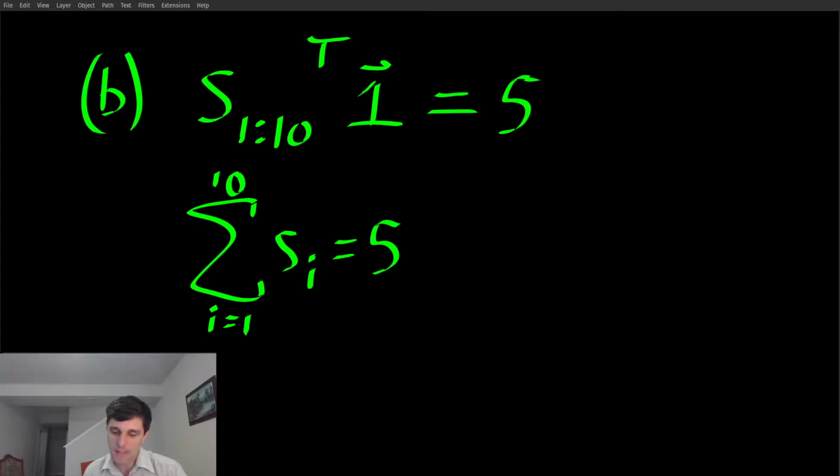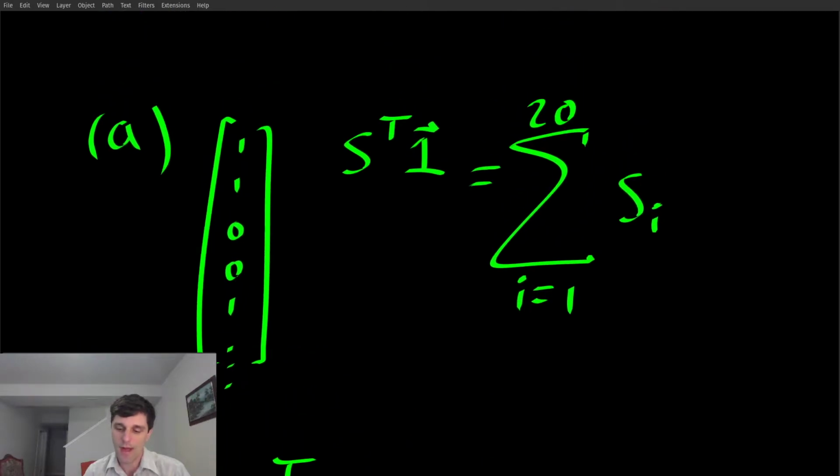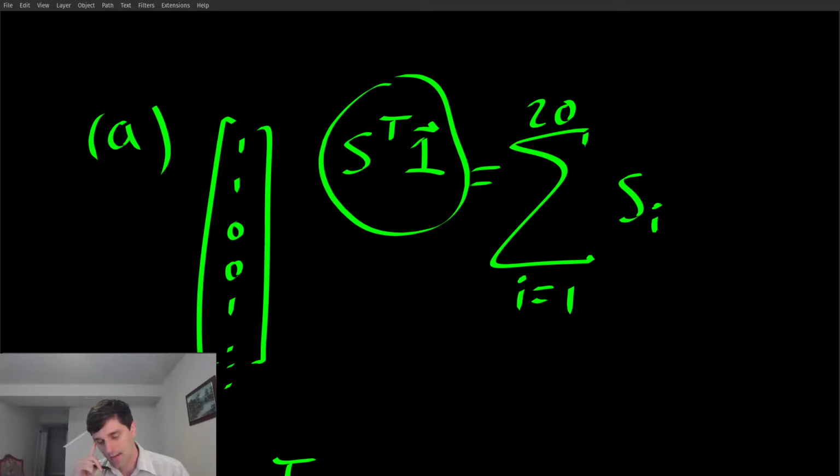I might have a preference. It kind of depends on the context. I might have a preference in general for the inner product notation. Definitely for the A part, I think, this is just obviously simpler to write, right? You don't have to put the little vector on the one, and it doesn't matter which order you do it in too. So 1 transpose S would also be totally fine.